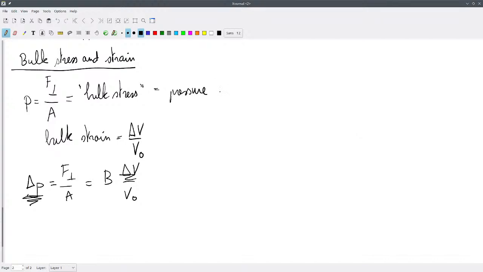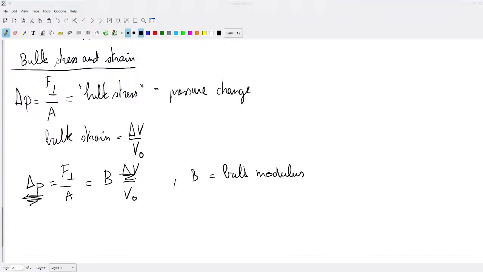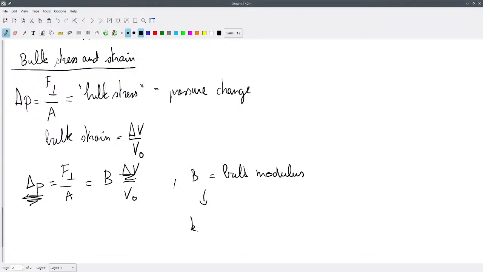So I'm going to write here, pressure change delta P. So that gives us our bulk modulus. And another number that you'll often see used is the inverse of the bulk modulus, 1 over B, and that is the compressibility.